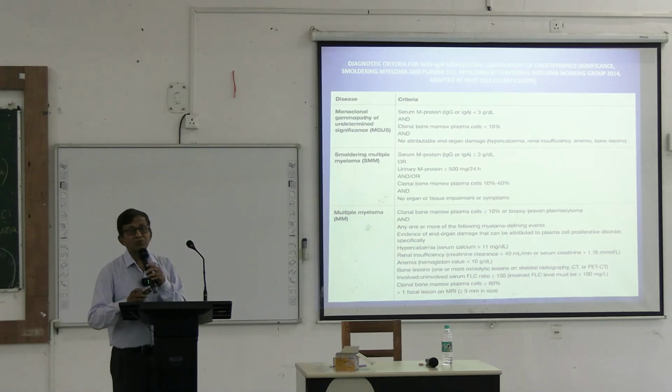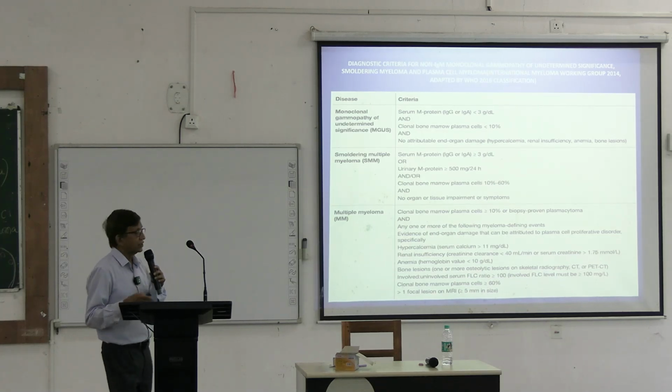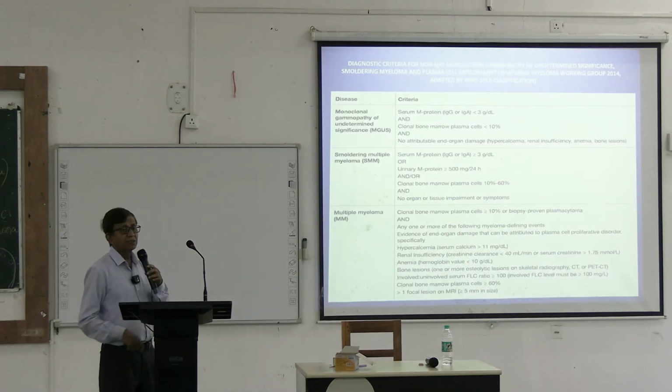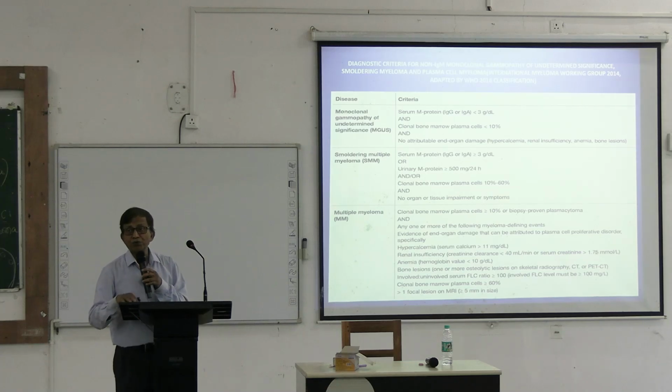Anemia, because bone marrow is replaced, erythropoiesis is compromised. Kidney, because of the high protein, they cannot filter. There will be renal insufficiency, and due to high osteolytic activity, if you do X-ray or MRI of any bone, there will be osteolytic activity. So these are the criteria which prove that there is systemic organ damage.